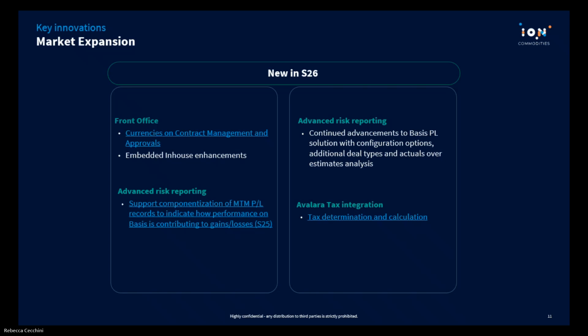Finally, ION's work on the basis P&L in S25 set the stage for the additional functionality that we're seeing in S26. So RightAngle reports will now show the individual components of a deal price. Thus, P&L can be evaluated to a different level.